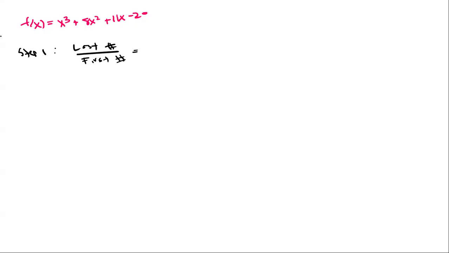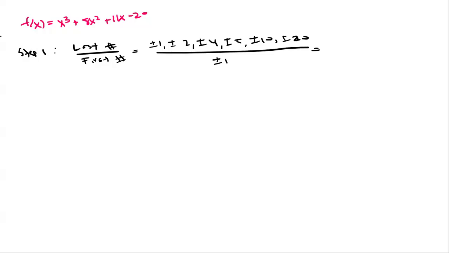So in this case, we have 20. So the factors of those is going to be plus minus 1, plus minus 2, plus minus 4, plus minus 5, plus minus 10, plus minus 20, okay? So those are the factors for the top, and the bottom is just going to be plus or minus 1. When we divide this, again, we just get the same answer as the top, okay?